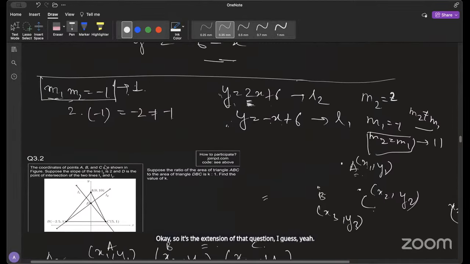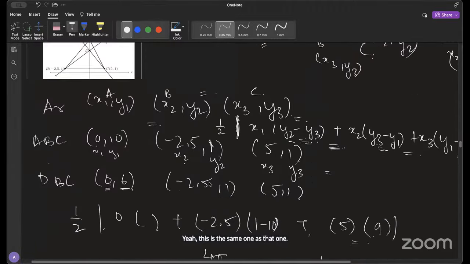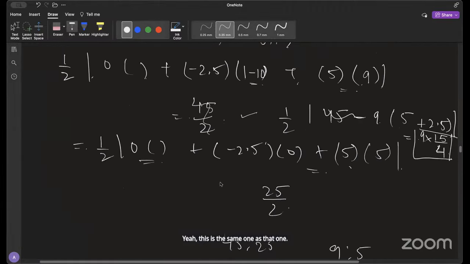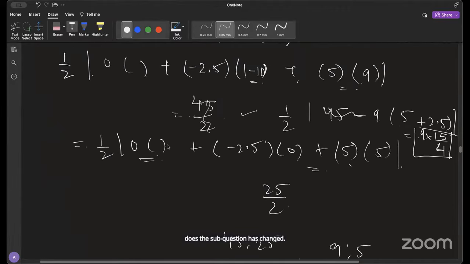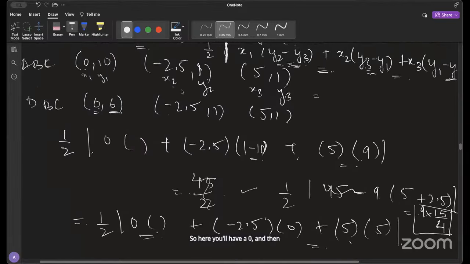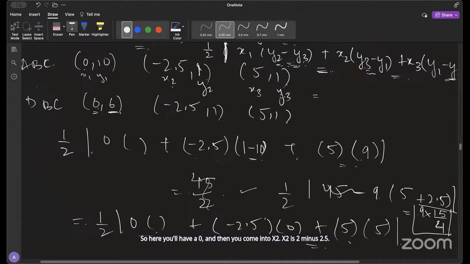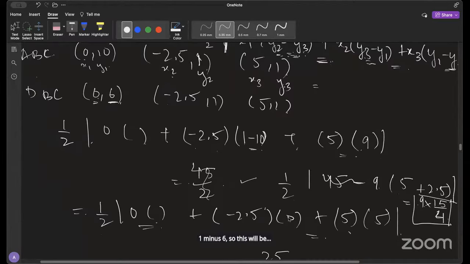Yeah, this is the same one as that one. Thus the sub question has changed. So here you will have a 0, and then coming to x2. x2 is minus 2.5, y3 minus y1. y3 minus y1 here is 1 minus 6. So this will be minus 5. Here you will have a minus 5.